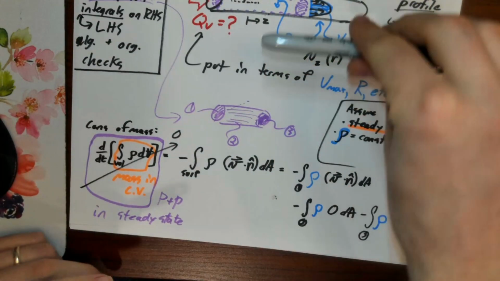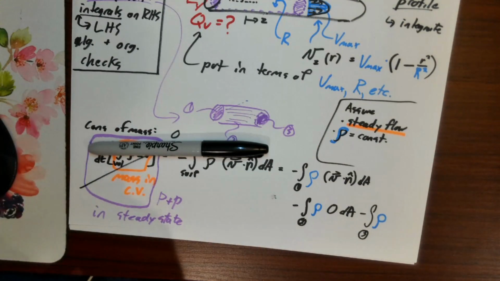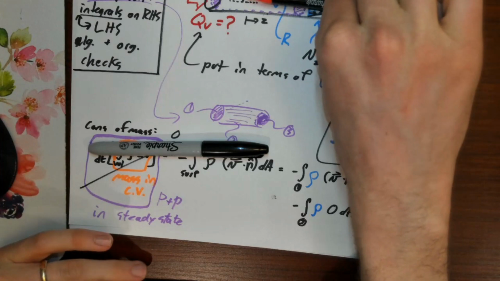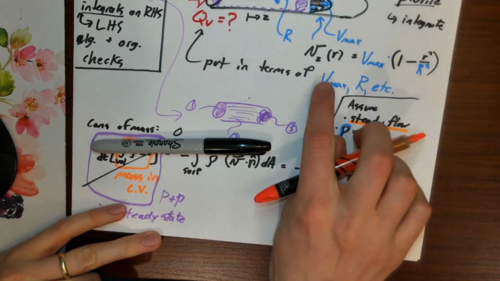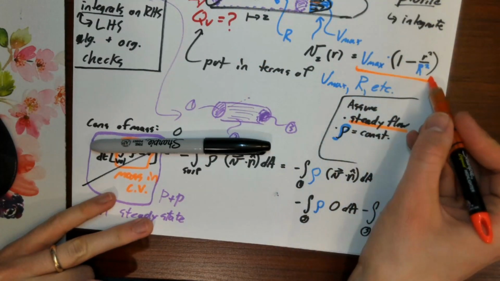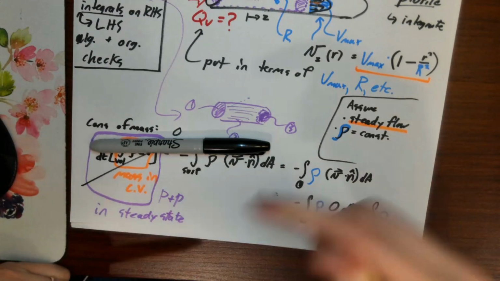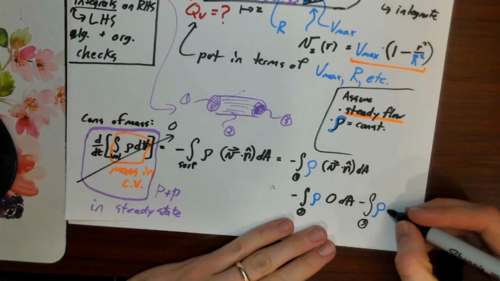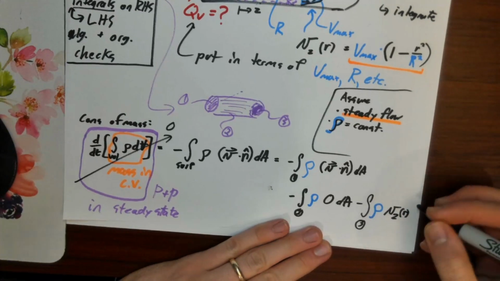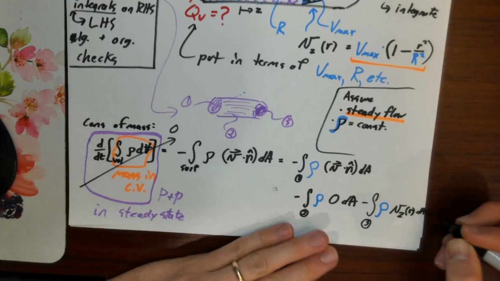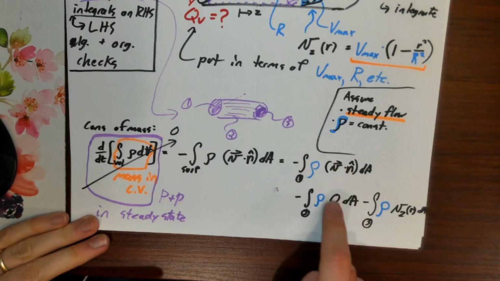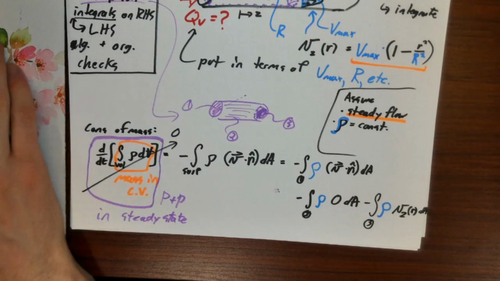I'll plug in what the actual algebra is for this term, but in this case I'll just write vz as a function of r, and we'll have a dA right there. So now let's start dealing with some of these integrals.